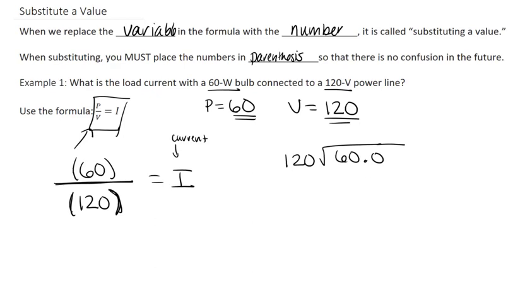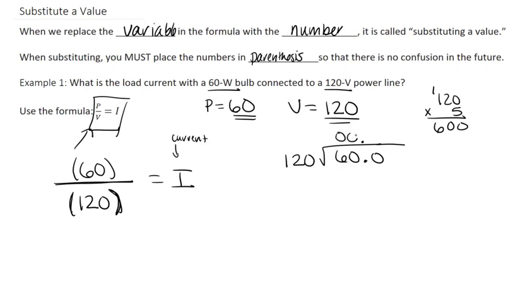120 can't go into 6, can't go into 60, but it can go into 600. So let's just guess. Times 5: 0 times 5 is 0, 2 times 5 is 10, carry the 1. 5 times 1 is 5, plus 1 is 6.